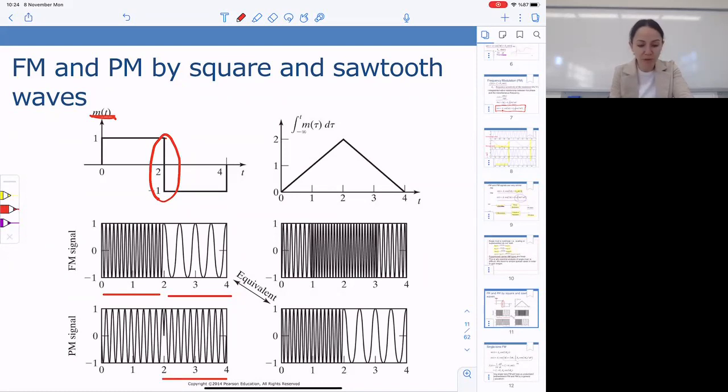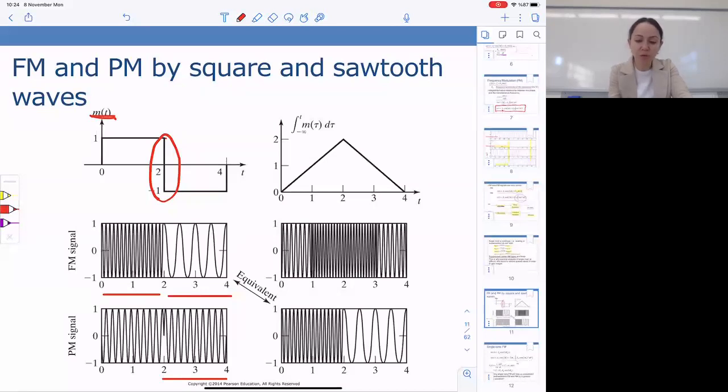So this is actually a common modulation that is used in digital systems, as you will see later on, because it's phase shift keying, PSK. Some of you may have heard about it.